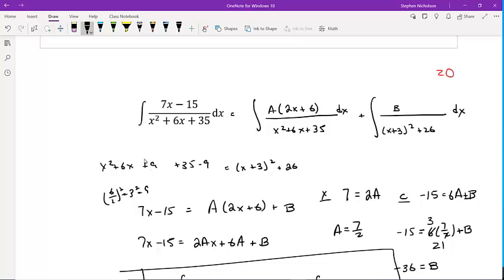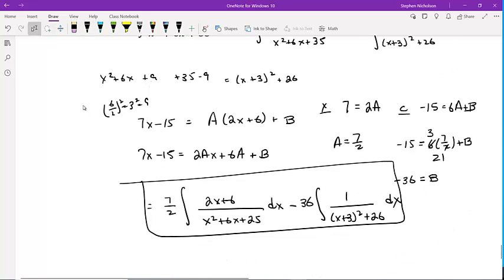You multiply it all out, set the coefficients of the x's equal to each other. 7 equals 2a, and then the constant parts, negative 15 equals 6a plus b. From this one, you can calculate a, plug a into here to solve for b. So you get a is 7 halves, and b is negative 36. And that's the final answer I was looking for.